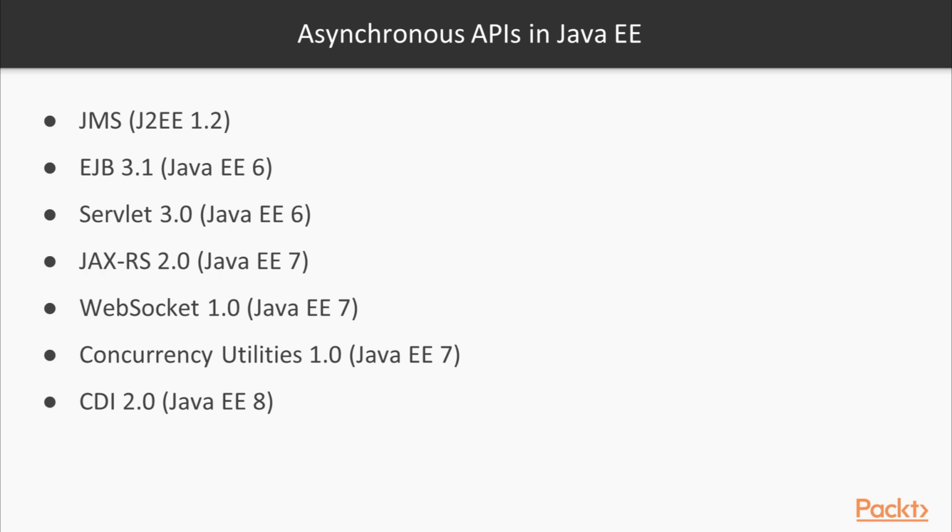Starting with Java EE 6, there were a few other APIs like EJB or Servlet getting asynchronous functionality that also works by using multiple threads. And with Java EE 7, more of those have been added, for example JAX-RS 2, the first version of the WebSocket API, or the concurrency utilities for Java EE 7. And with Java EE 8, CDI 2 has also been further improved for asynchronous behavior.